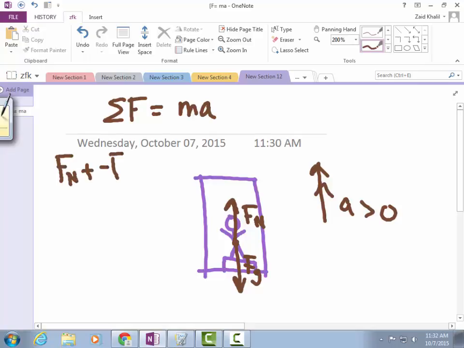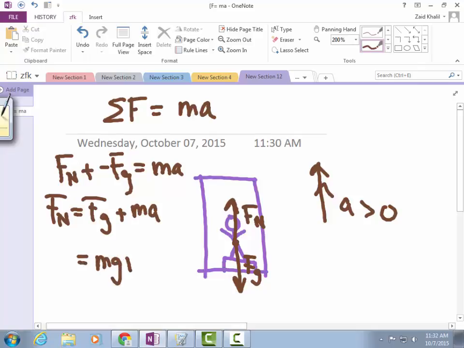Fn plus negative Fg equals ma. So therefore, Fn is equal to Fg plus ma, which is equal to mg plus ma, which is equal to m times (g plus a). And notice, what is that going to be greater than? Well, obviously. What is it definitely going to be greater than? mg.